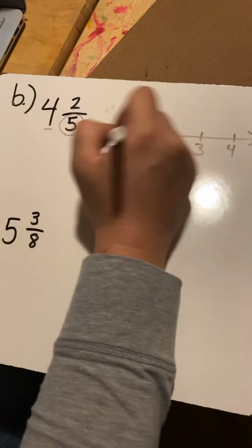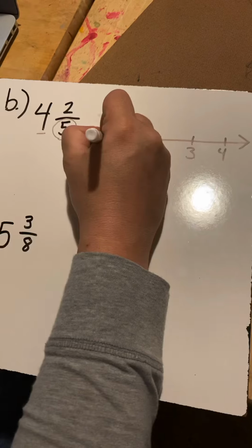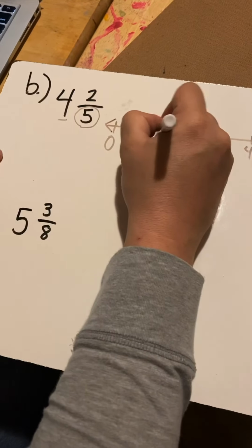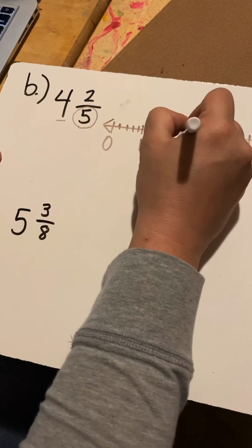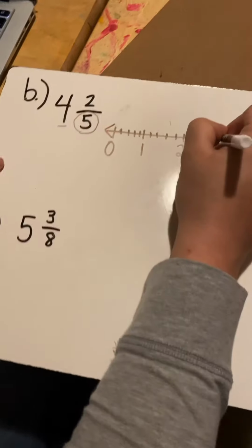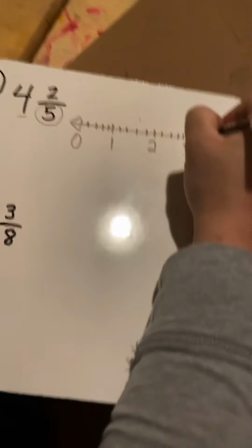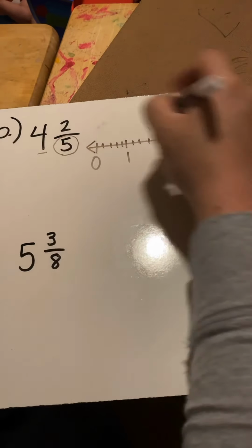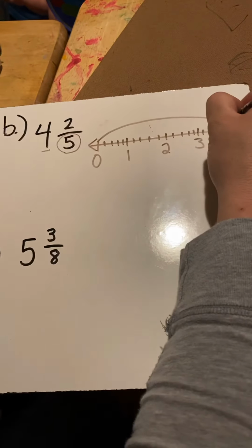Let's go ahead and break this down into fifths. We've got 1/5, 2/5, 3/5, 4/5, 5/5, 6/5, 7/5, 8/5, 9/5, 10/5, 11/5, 12/5, 13/5, 14/5, 15/5, 16/5, 17/5, 18/5, 19/5, 20/5.